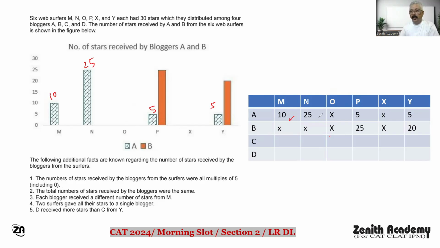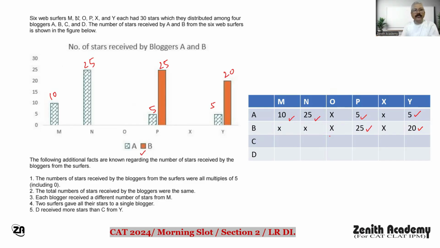So this is 10, 25, 5 and 5. Then about B, the yellow bar diagram, B received 25 from P and 20 from Y. 25, 20.